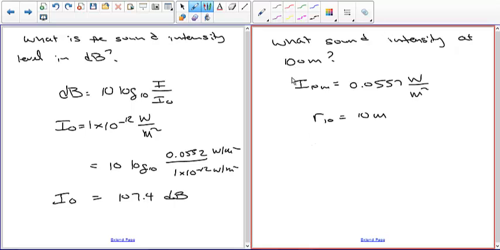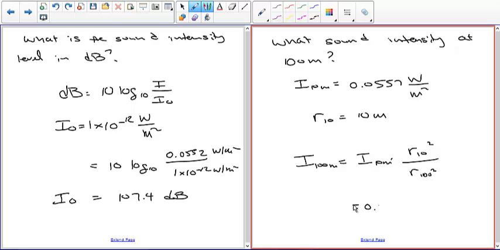So the question is, what is the intensity at 100 meters? So the sound intensity at 100 meters is going to be equal to the sound intensity at 10 meters times the ratio of the radiuses, but it's going to get smaller, so we want to have the smaller number on the numerator. So it's going to be R at 10 squared divided by R at 100 squared.